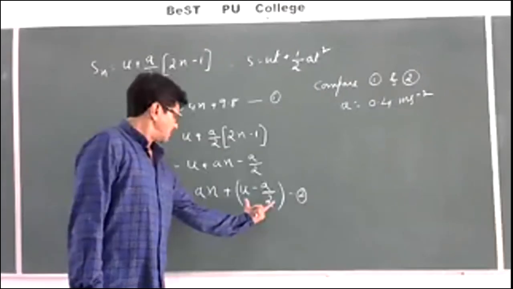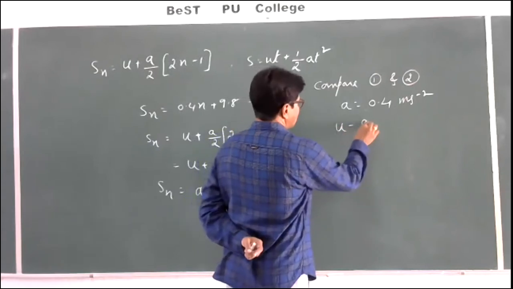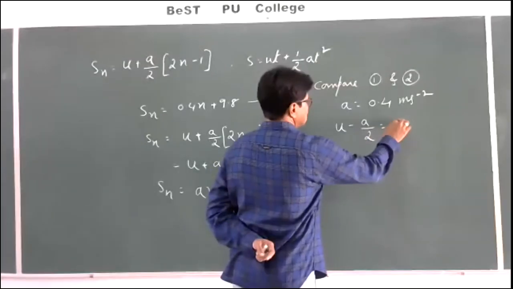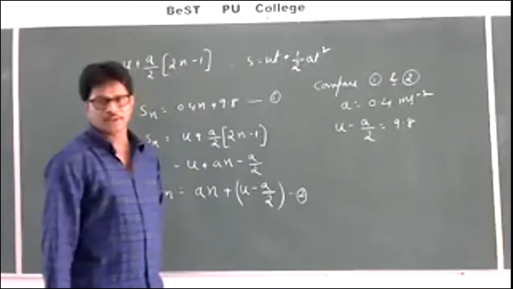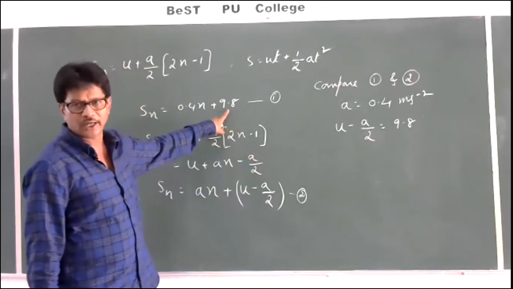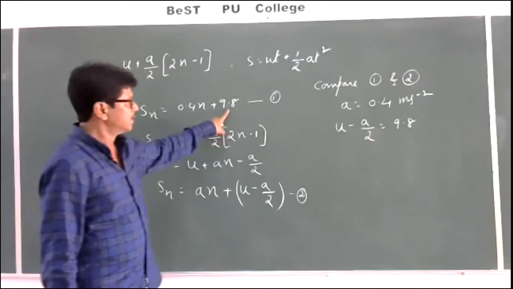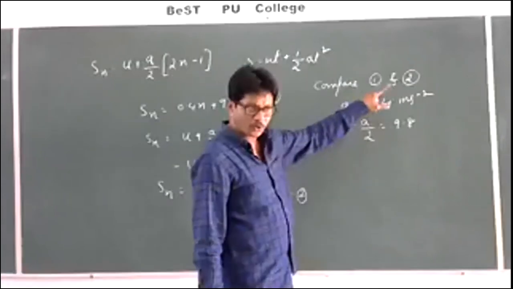Now again, if I compare the second term, u minus a by 2 is equal to 9.8. Already we got the value of a as 0.4.